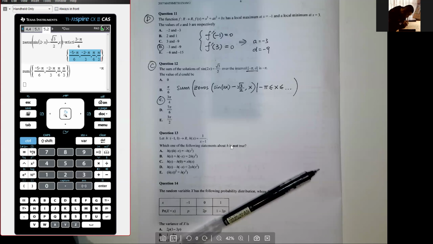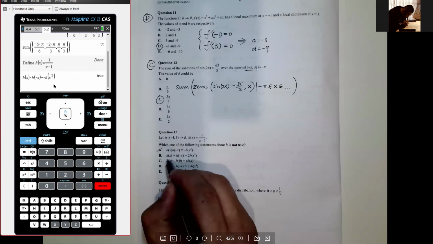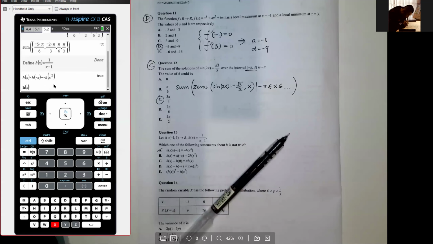Question 13, we would like to find the statement about h that is not true. So you might want to define h(x) = 1/(x-1). Then h(x) times h(-x) equals -h(x)², and that is true, so we don't want option A. The next one, h(x) + h(-x) equals 2h(x)², is also true.